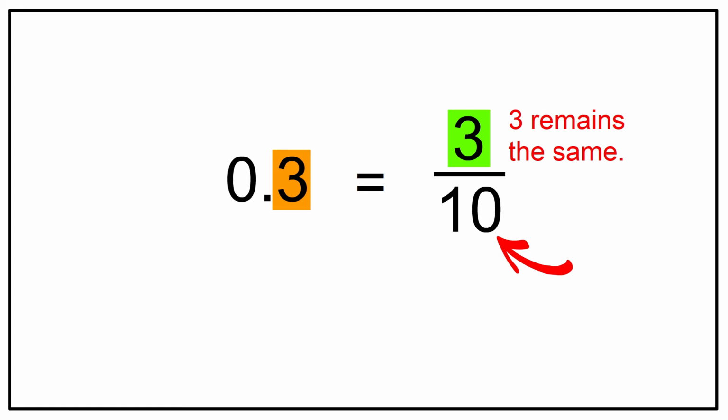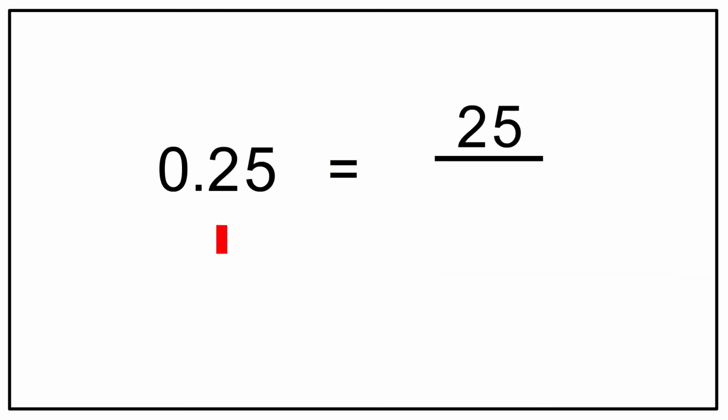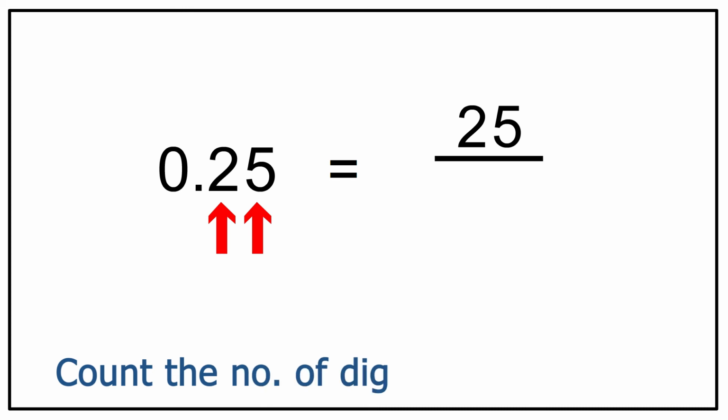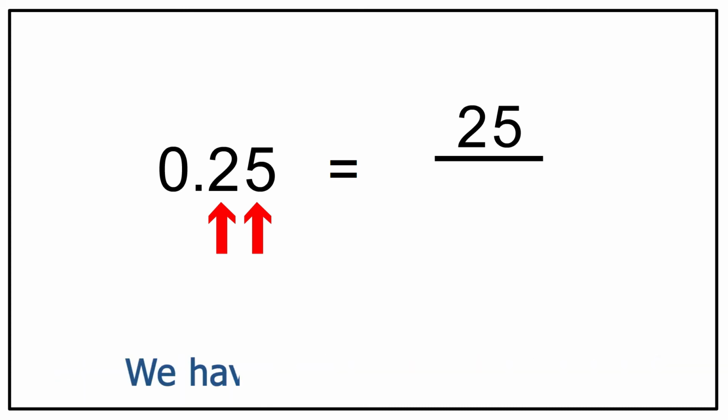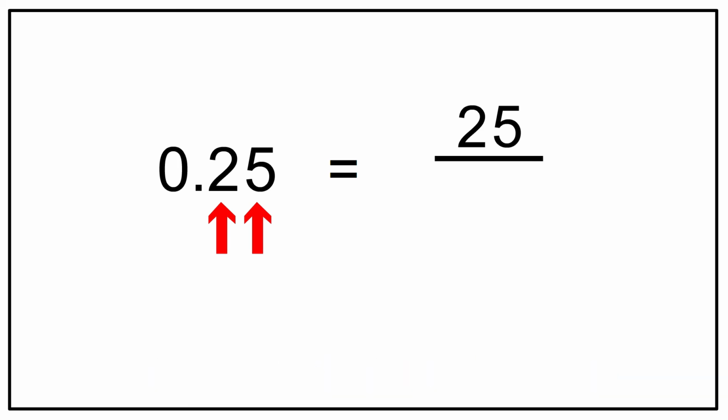If you go for 2 decimal places, say 0.25, when you are converting into fractions you need to count how many decimal places you have after the decimal point. So here you have 2 decimal places. This will become 25/100.